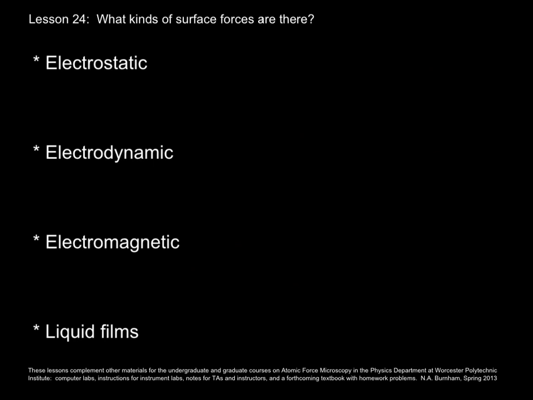I group surface forces into 4 classes: electrostatic, electrodynamic, electromagnetic, and liquid films. By electrostatic, I mean there might be charge accumulation on one or both surfaces, or you can coat the tip and sample with metal and apply voltages to them.